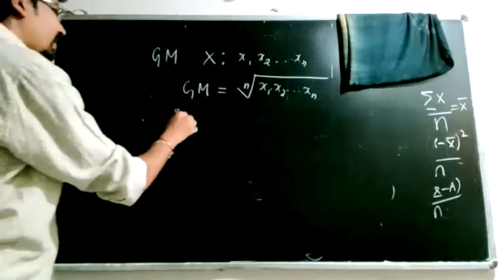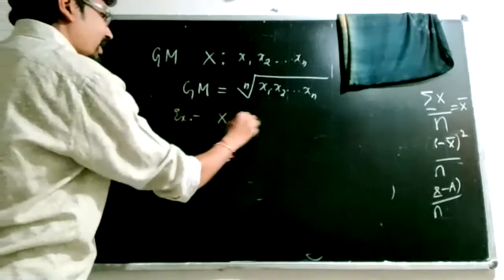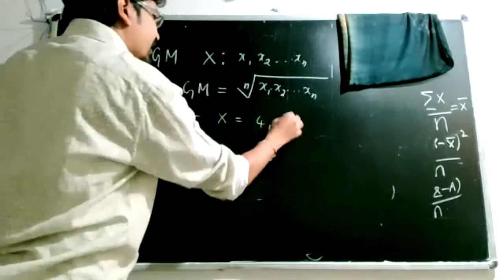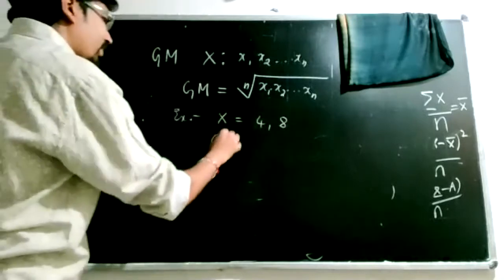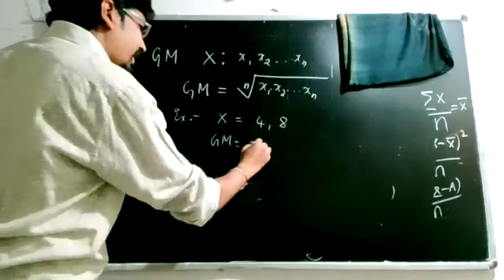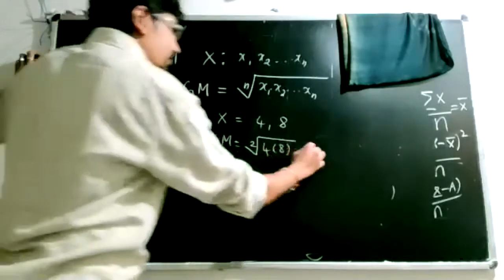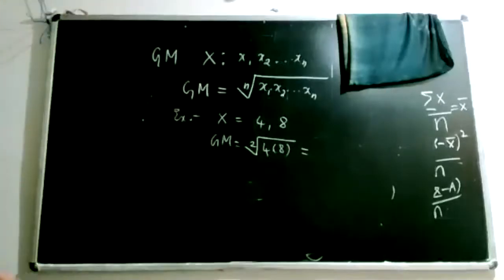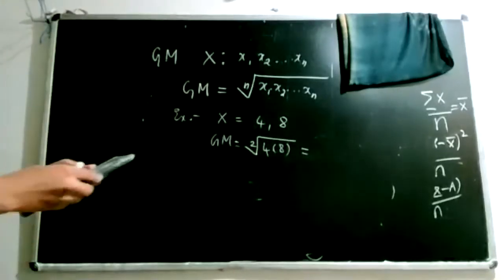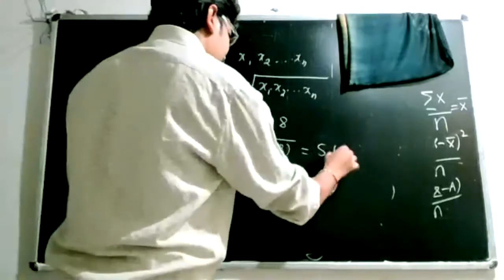Say for example, if you have two values, say x is equal to 4 and say 8, then geometric mean of these two is defined as square root of 4 into 8. Now 8 into 4 is 32, and square root of 32 produces 5.65.